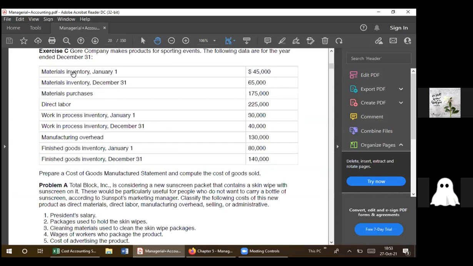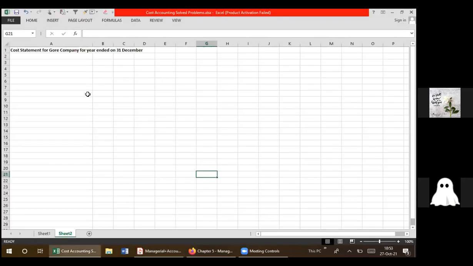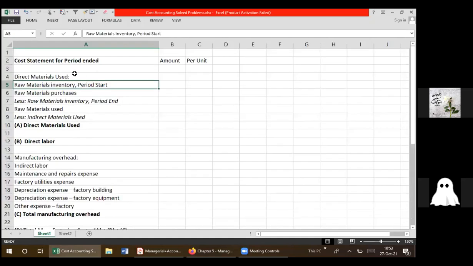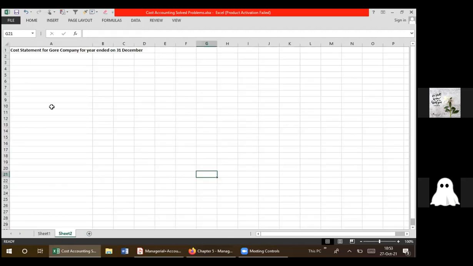The statement says first is material inventory for January 1st. That is 45,000. Looking at sheet 1, that's where we start the solution of a problem. So that is raw material inventory, period start.